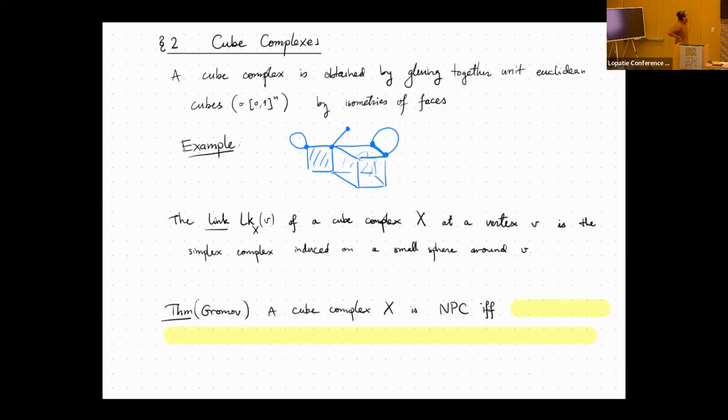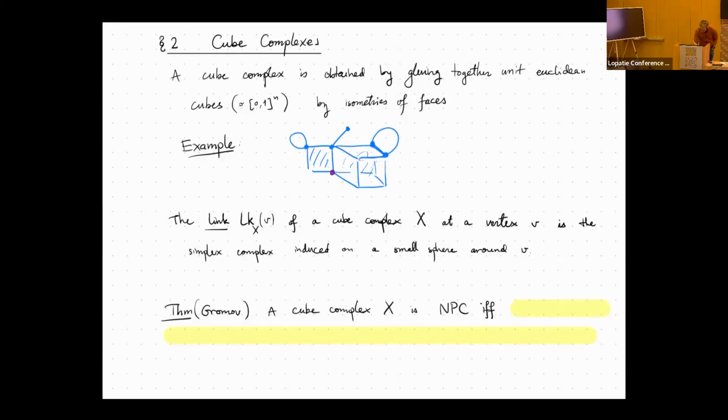Now given such a thing, I can talk about the link of the complex at a vertex, and what I'll mean by that is the combinatorial structure around this vertex, which one can imagine as intersecting a very small sphere with the complex, or considering a small sphere in the complex around V. So let's do an example.